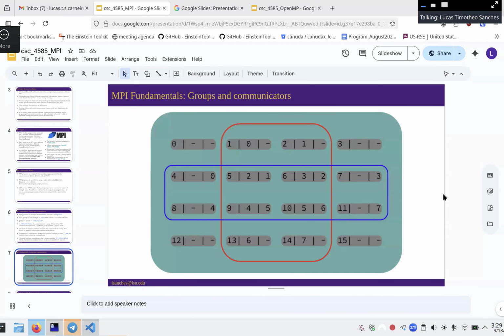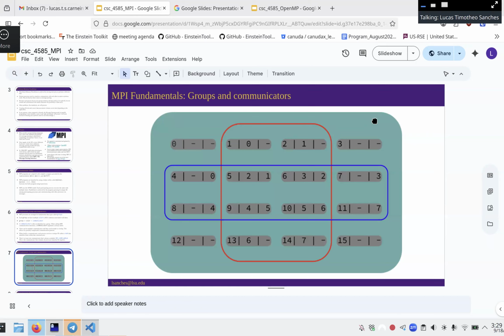So this diagram here tries to illustrate this concept. Here we have 16 processes. From the operating system point of view, the 16 processes were launched via mpiexec. And we have always one communicator, which is MPI_COMM_WORLD, the big green shape here.